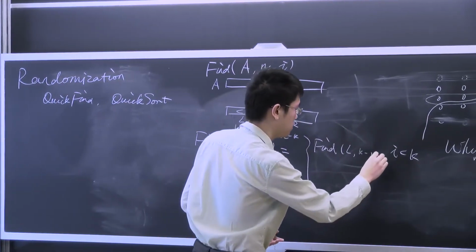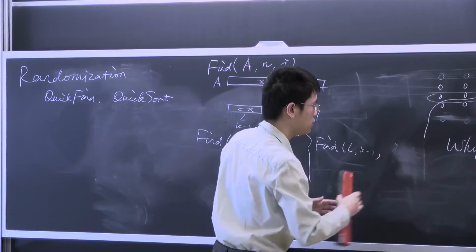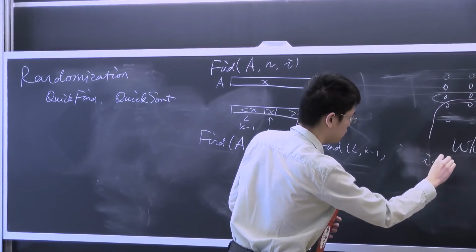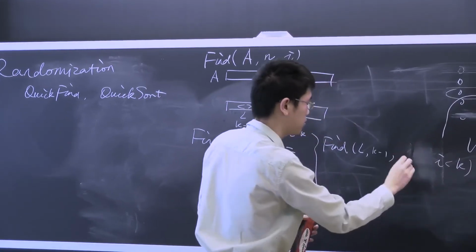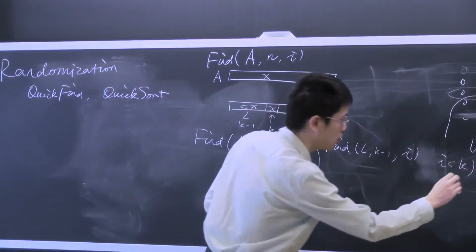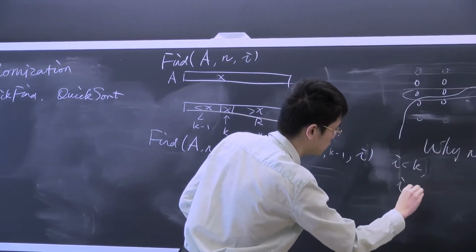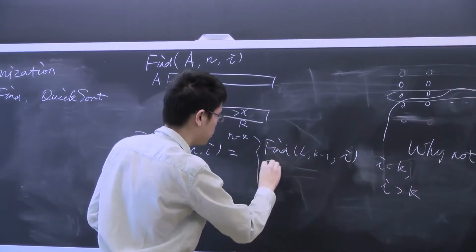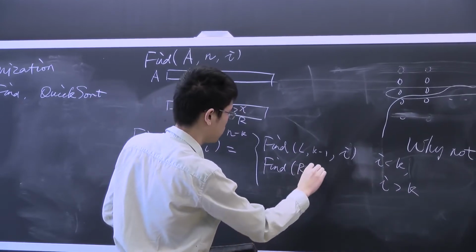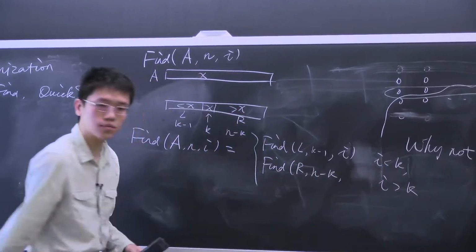And so what's the last argument in that function call? It's i. Okay. So on the other hand, if i is greater than k, then I should go to my right half. Its problem size is n minus k.